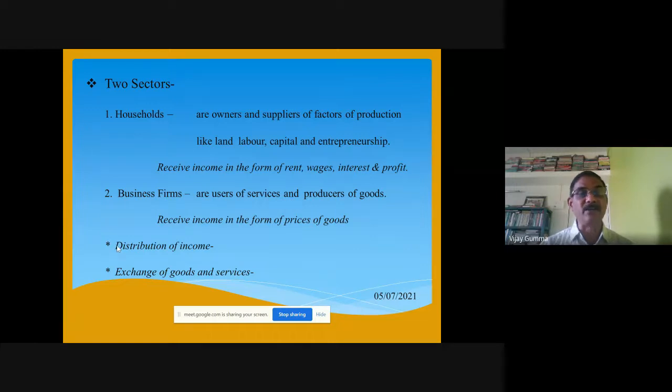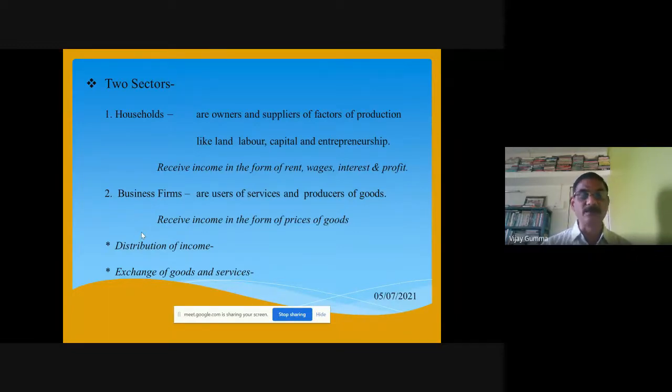Factor market means the place where buyers and sellers of services of factors of production come together to buy and sell those services.